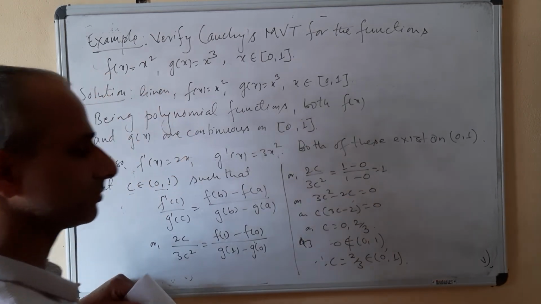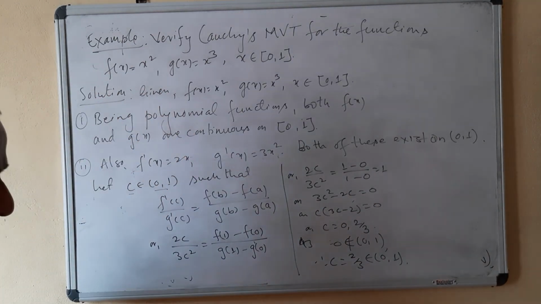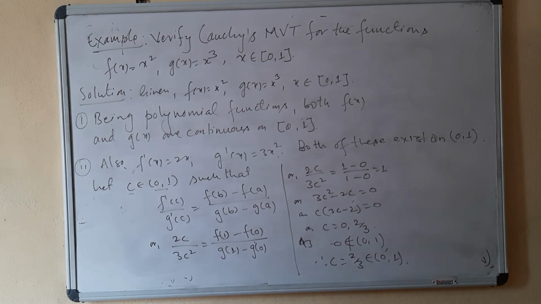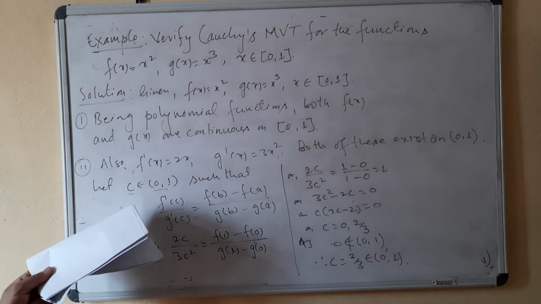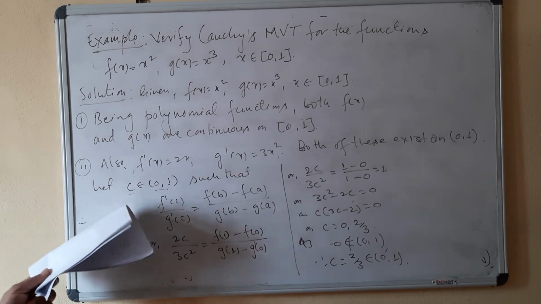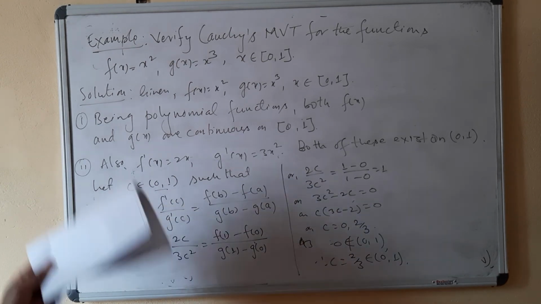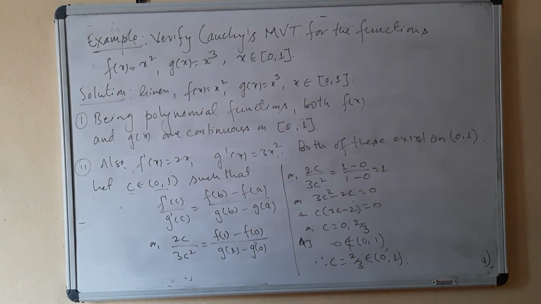Now we are able to find a number in the interval 0 to 1 satisfying the mean value theorem by Cauchy. So these functions f of x and g of x satisfy Cauchy mean value theorem.